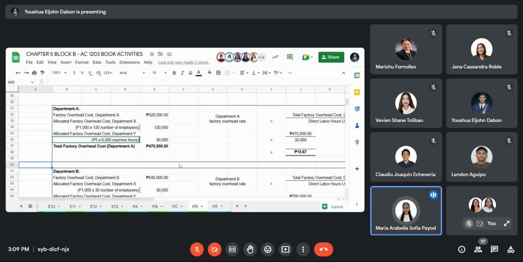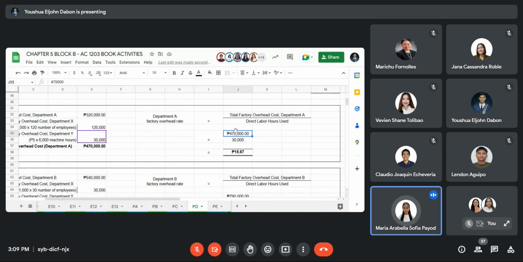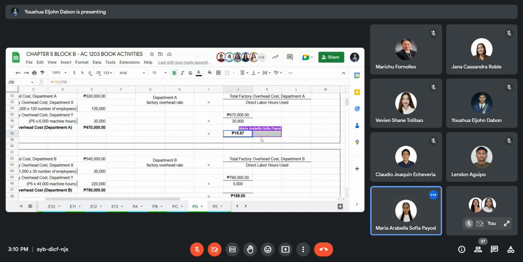So now you total the whole thing. That's 320 plus 120 plus 30 equals 470,000. So that would be the total factory overhead cost for department A. Now, since we're looking for the rate, we divide the total factory overhead cost by the direct labor hours used, and that is 470,000 divided by 30,000 direct labor hours, and that would be 15.67 per DLH.